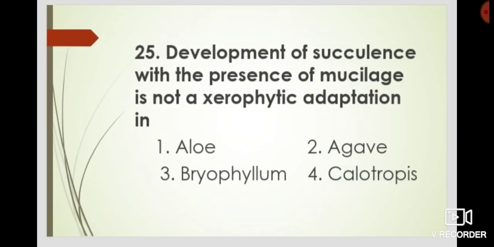Question number 25. Development of succulents with the presence of mucilage is not a xerophytic adaptation in. Answer is Calotropis. That is fourth one. Development of succulents with the presence of mucilage is not a xerophytic adaptation in Calotropis.